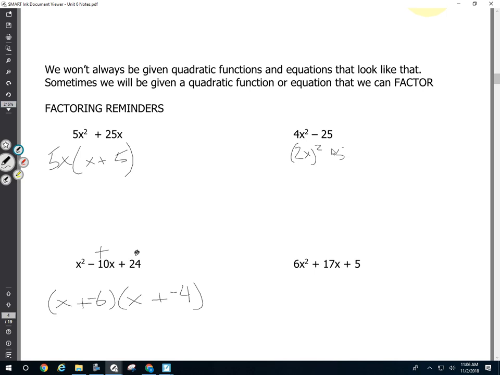This is 5 being squared. I can write this as a difference of squares: 2x plus 5 and 2x minus 5. Remember that? Difference of squares rule, Mr. Manley? We could factor this guy.